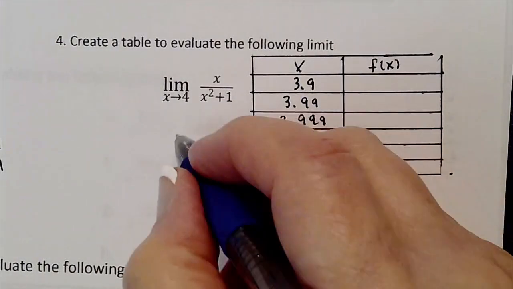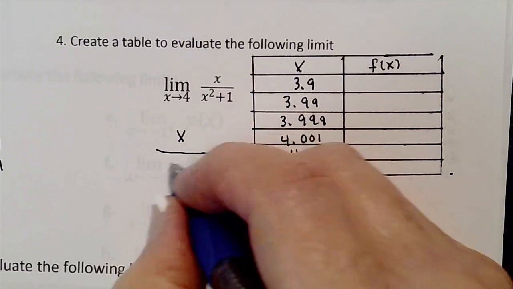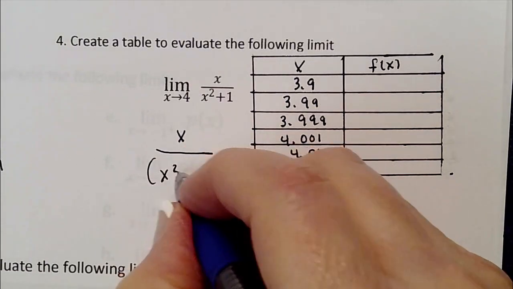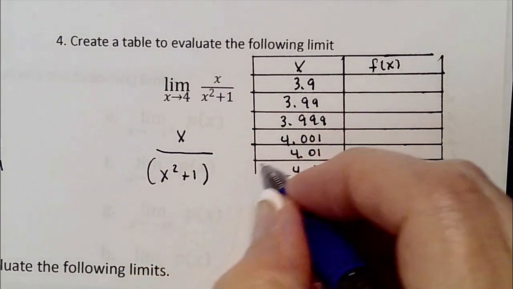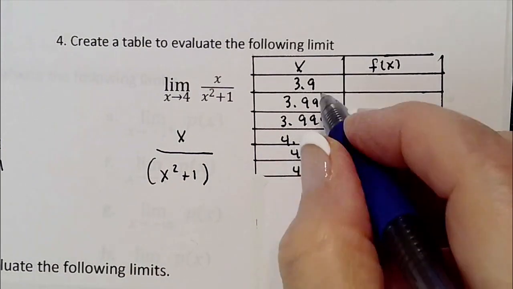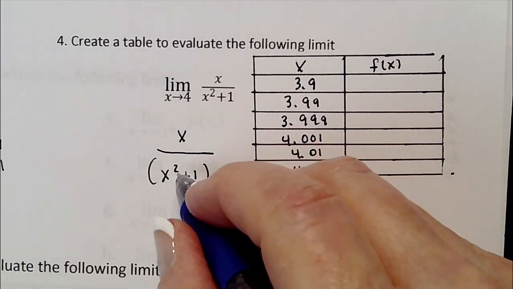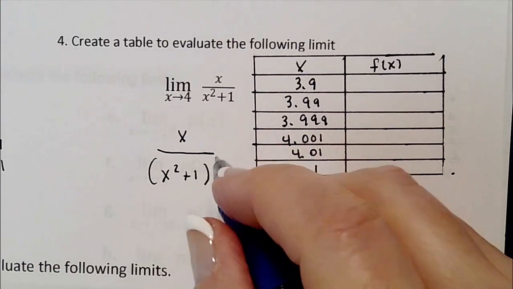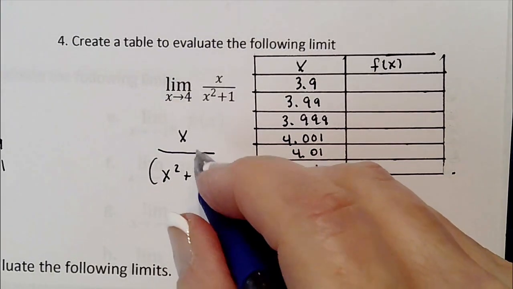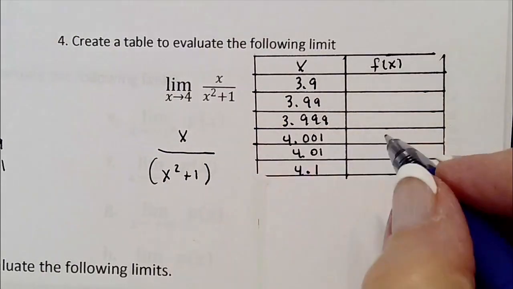Now we take those numbers and we plug them into the fraction. One of the things that I would encourage you to do is when you plug it into the fraction, make sure the x squared plus 1 is in parentheses in the denominator, because if you're not careful, it's going to take it and divide by x squared, and then add 1 instead of putting the whole thing in the denominator.